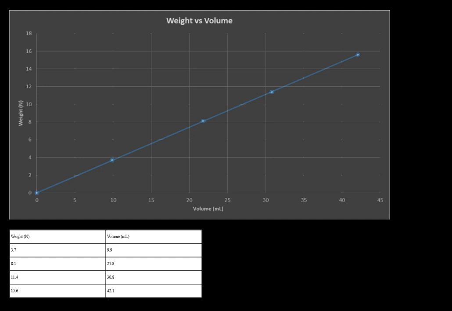You don't have to read it off the graph or do anything weird. So what we want to do is find the equation for weight with respect to volume. So weight for a given volume.